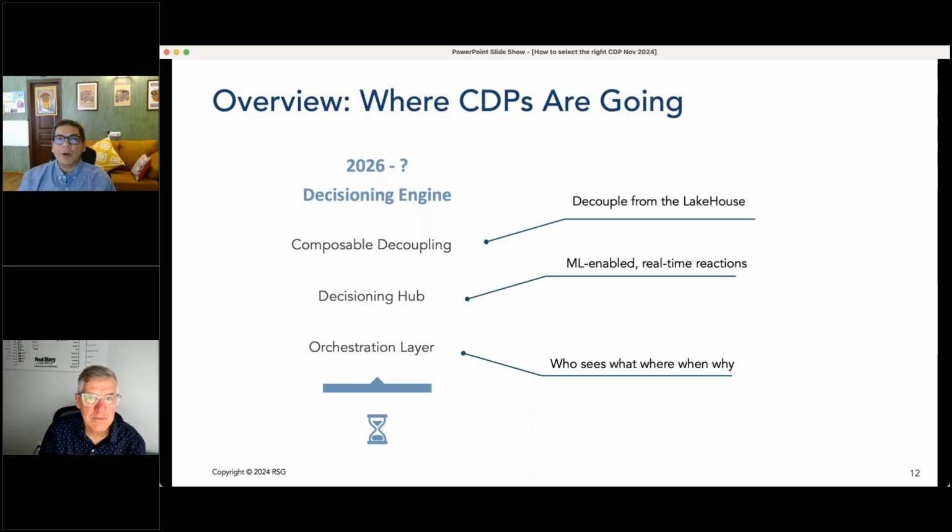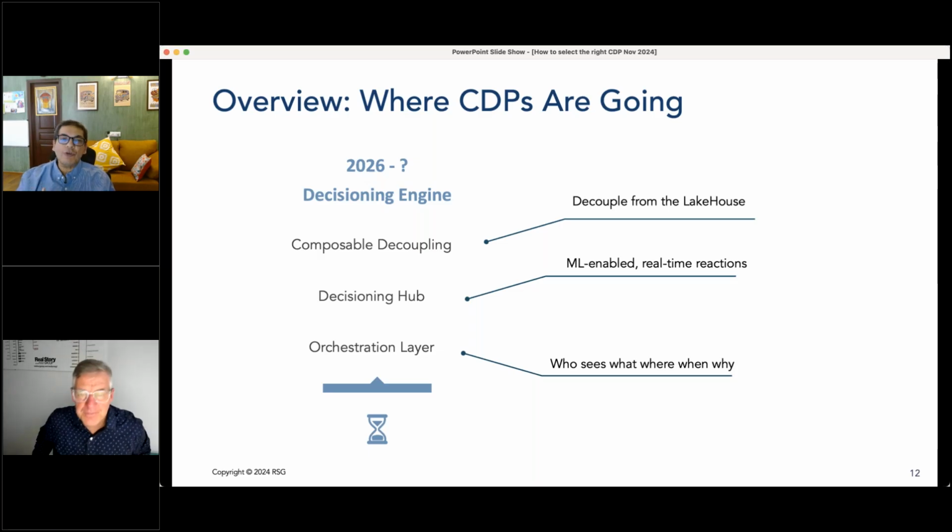The first one is composable decoupling, essentially decoupling from the lakehouse. Now, there's a lot of chatter about so-called composable CDPs that actually tie you to a DWH, data warehouse, right? I think that's actually anti-composability because they're saying do everything on top of your data warehouse. A data warehouse holds all kinds of data, including marketing data, and so that's good because you have more data to run your campaigns and make decisions.